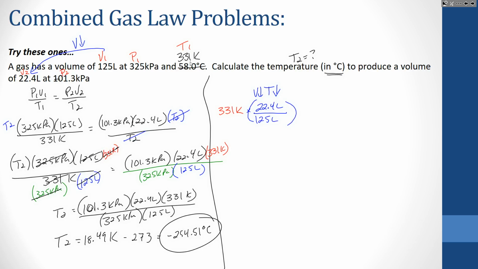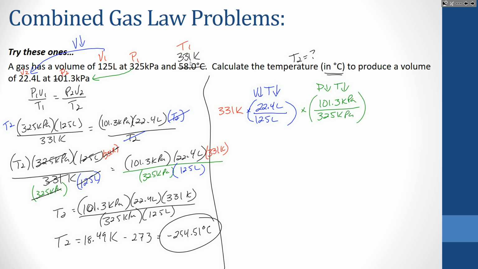And now I'm going to look at my pressure. The pressure is going down as well, which means the temperature's got to go down as well. So I'm going to multiply by my ratio of pressures that's going to make it get smaller. So that is 101.3 kPa over 325 kPa.